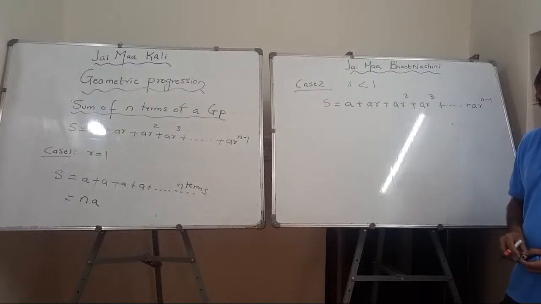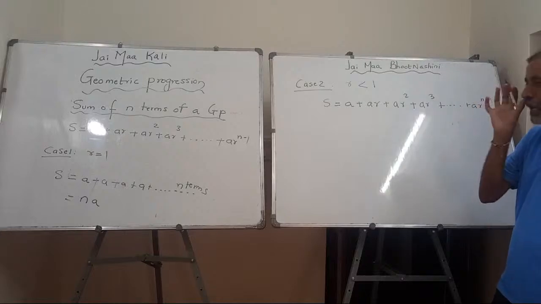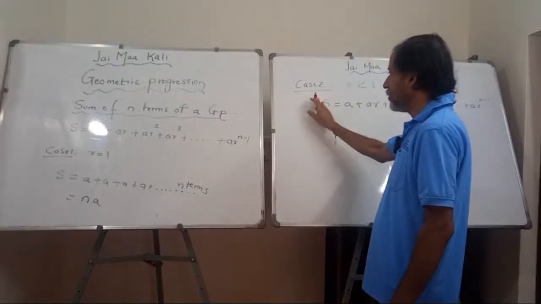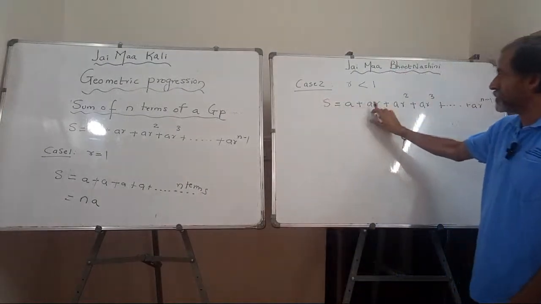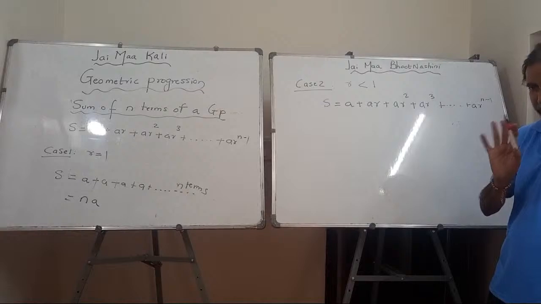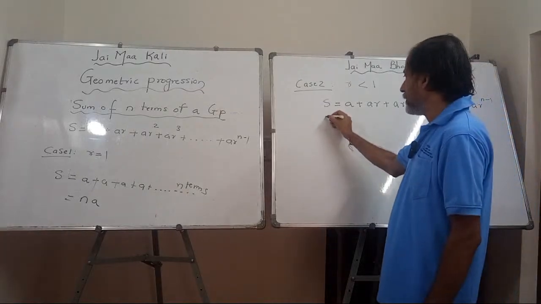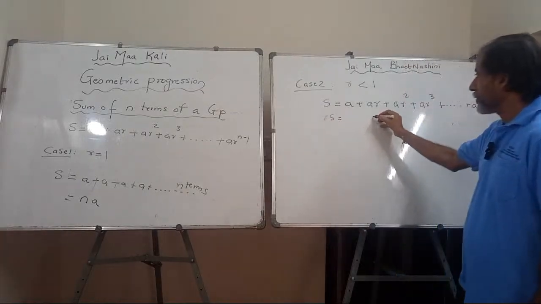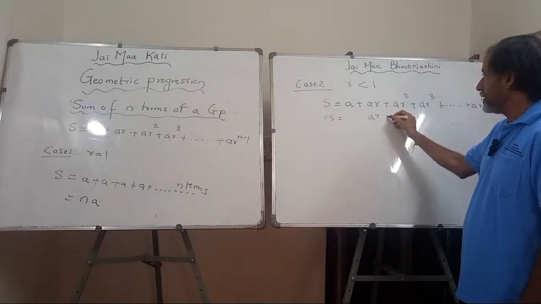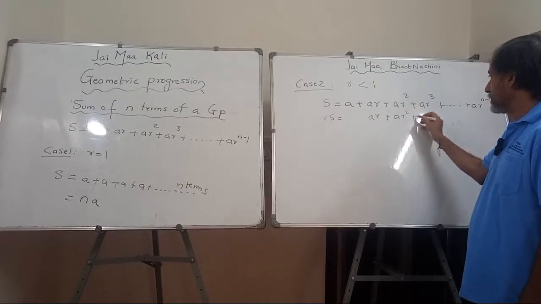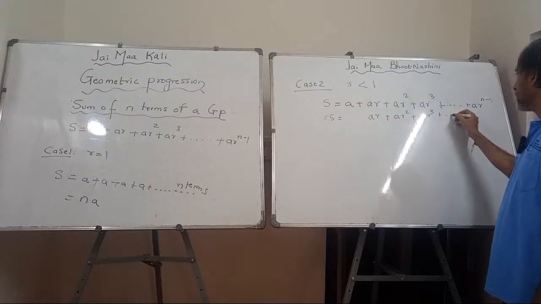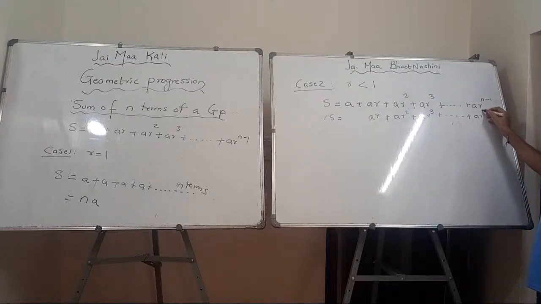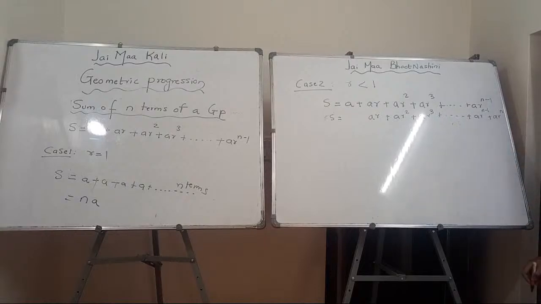Ananya, any idea? We'll multiply this with r. The moment I multiply with r, all the terms will be multiplied with r. So r into s is equal to ar plus ar square plus ar cube plus ar raised to n minus 1 plus ar raised to n.